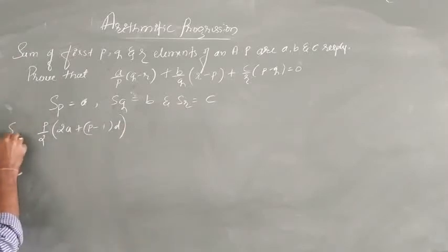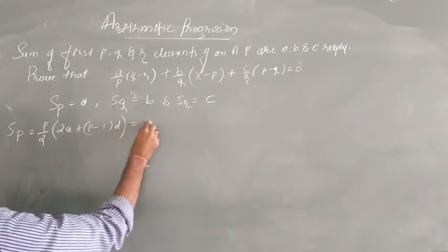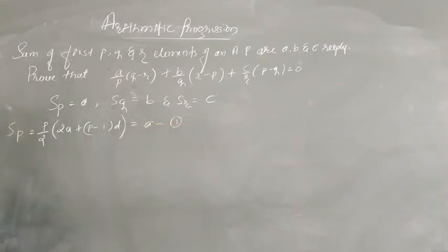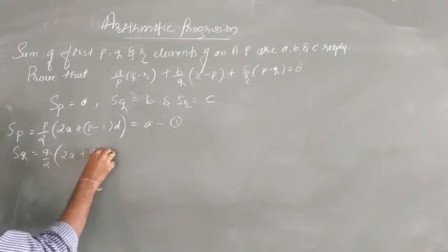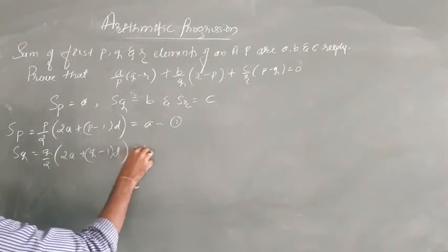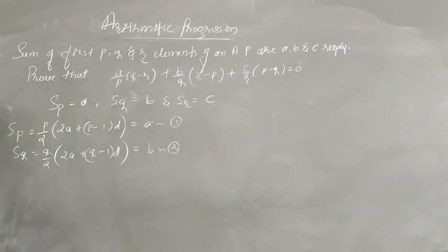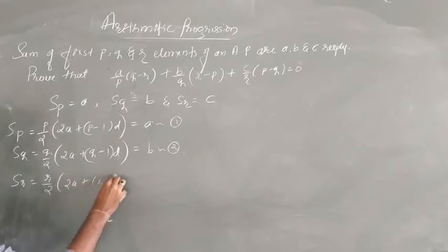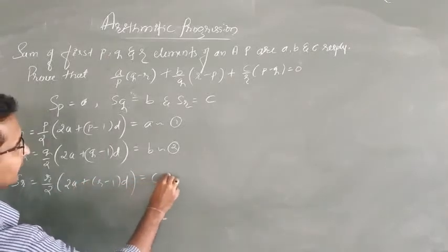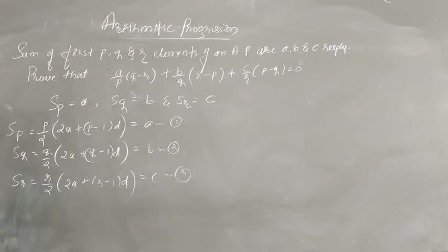This is Sp is equal to what we have, that is a. This is the first one. Then Sq, that is q by 2, 2a plus q minus 1 into d, that is having the value b, which is the second one. And the third one, that is Sr, that is r by 2, then 2a plus r minus 1 into d, that is c. This is the third equation.